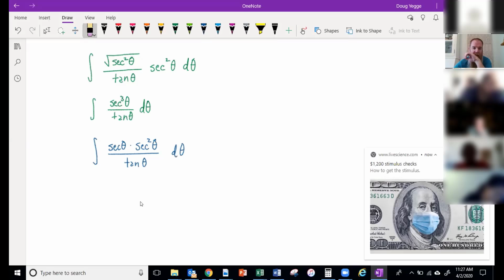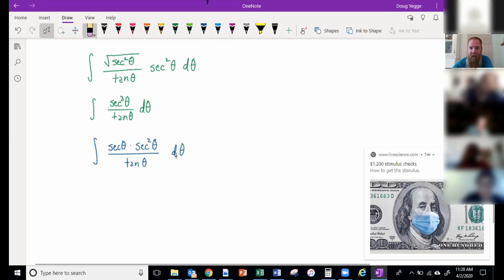I don't see right now any reason why changing it to secant times secant squared would help, because let's say I made u equal to tangent theta. If u is tangent theta, then du is equal to secant squared theta. And it's very possible that we could still do this.